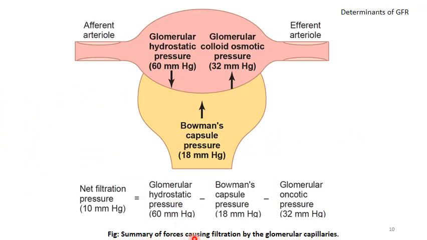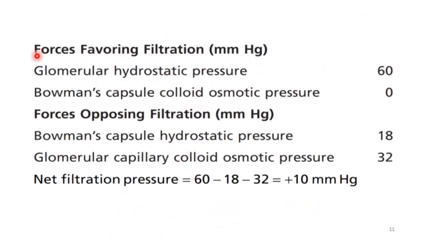So, summary of forces causing filtration by the glomerular capillaries. Glomerular capillary hydrostatic pressure is 60 mm of mercury, which promotes filtration. Glomerular colloid osmotic pressure is 32 mm of mercury, which opposes filtration. Bowman's capsule hydrostatic pressure is 18 mm of mercury, which opposes filtration.